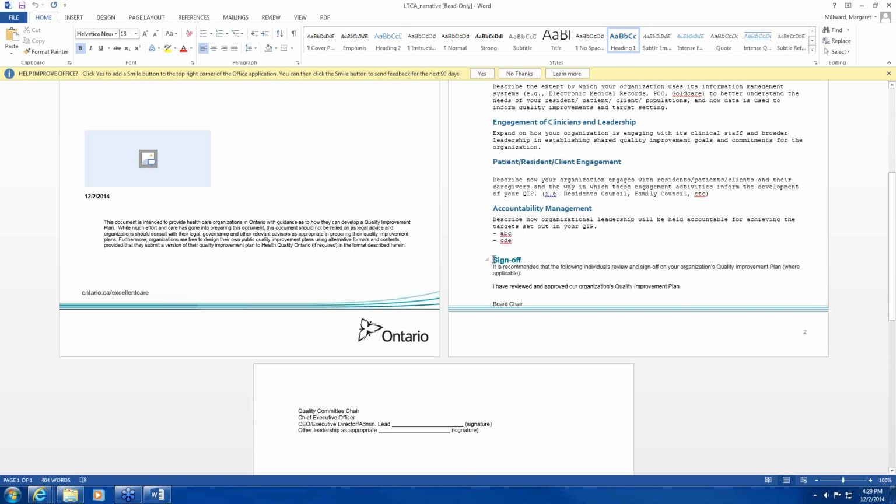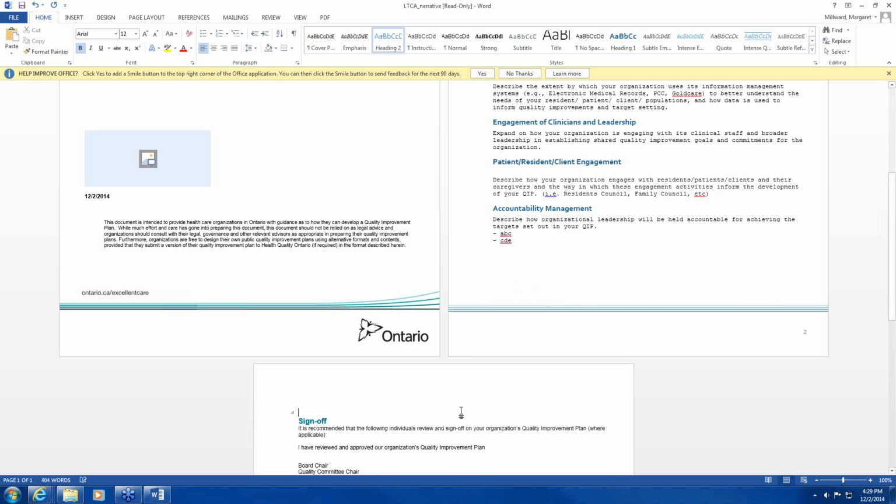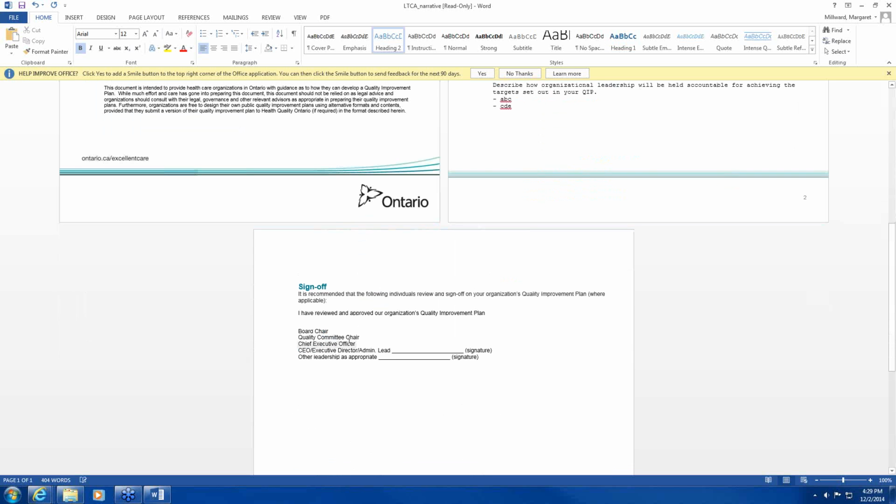And this is just to show you that in the paper version at your organization, you would have a physical sign-off of the document, but in your submission you would be just putting the people's names into the software and stating that they have reviewed and approved the organization's quality improvement plan.